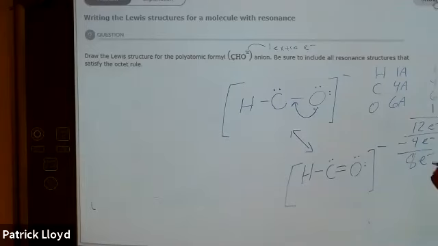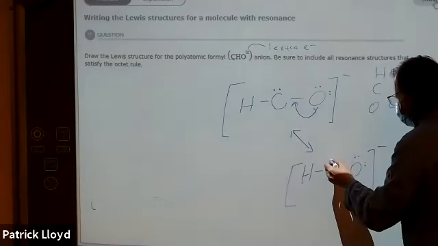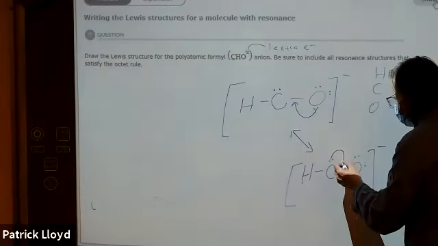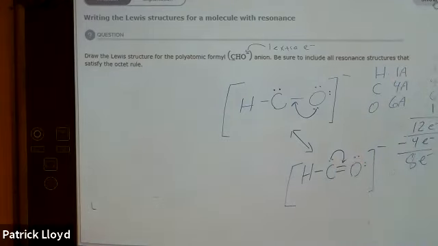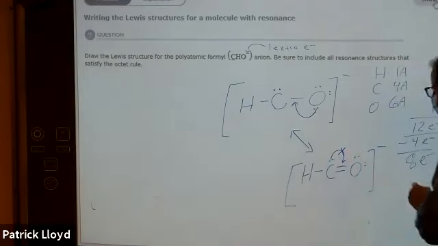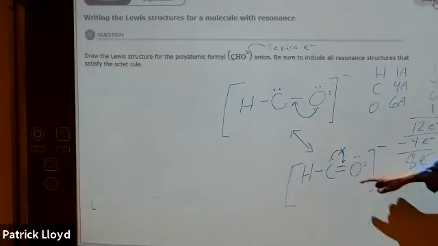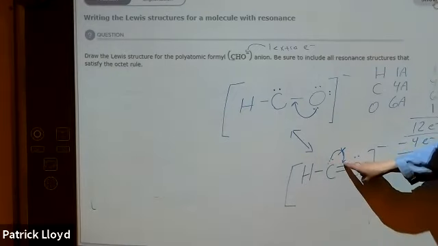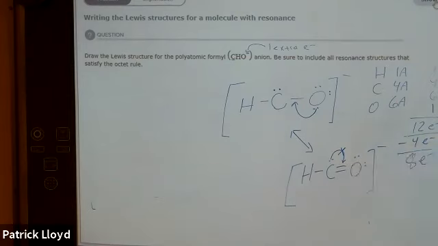What you could do is take this pair and push it over here between those 2 atoms. But what would that do? That would give the oxygen 10 electrons, right? So that doesn't look very good. That doesn't seem like an alternative, because if you made it a bonding pair, now the oxygen would have 10.